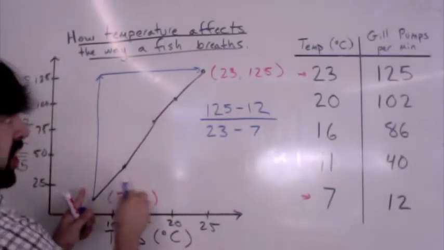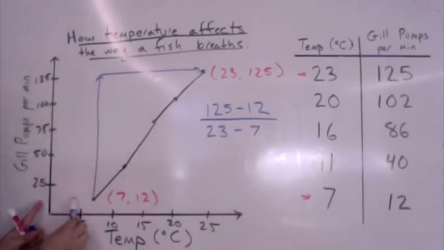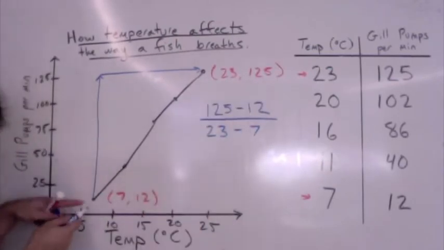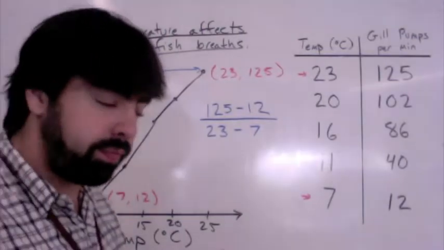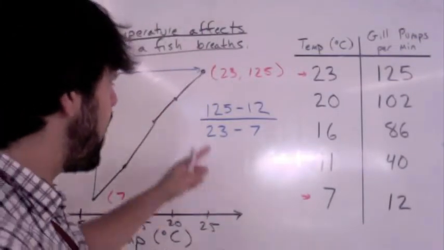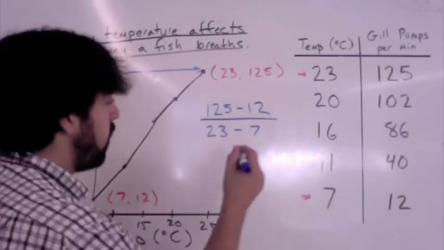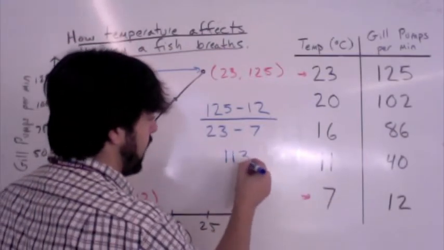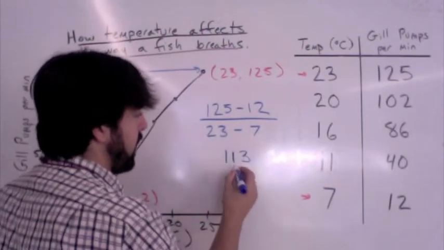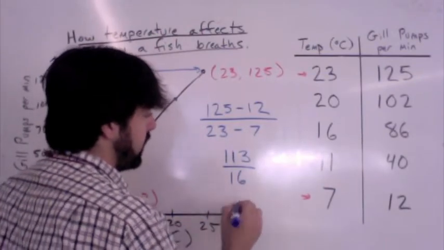It wouldn't be a change of 23, because remember, there's a 7 right here left out in the gaps. That's why you subtract the 7. And it wouldn't just be 125, because you have 12 less down here that you want to subtract. So that ends up becoming 125 minus 12 is going to be 113. 23 minus 7 is 16.